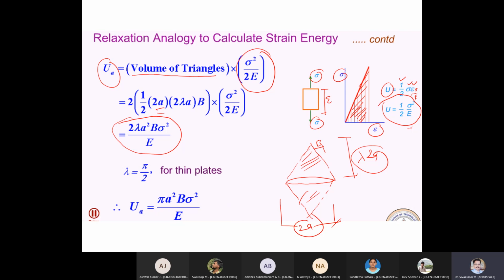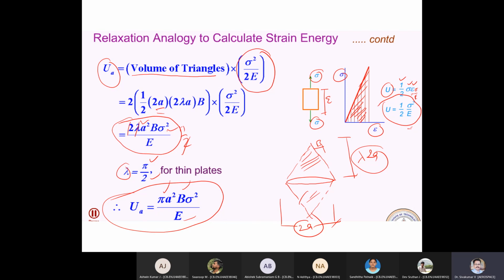So this is the strain energy, UA. For a thin plate, the value of lambda is pi by 2. Once you cancel this 2, you will get pi A square B sigma square by E. This is the strain energy consumed by making the crack.